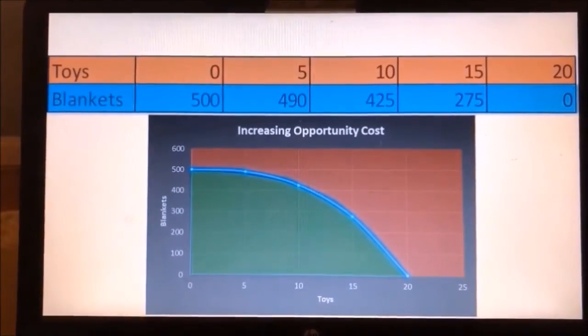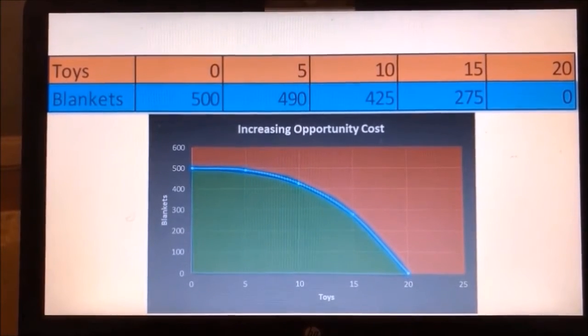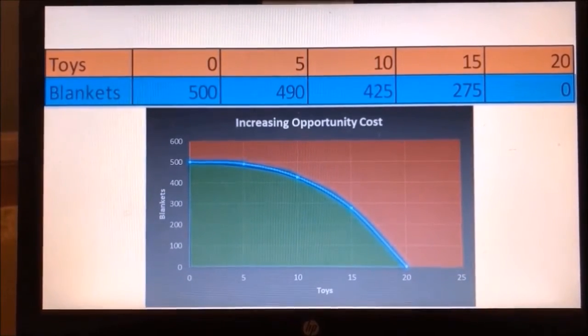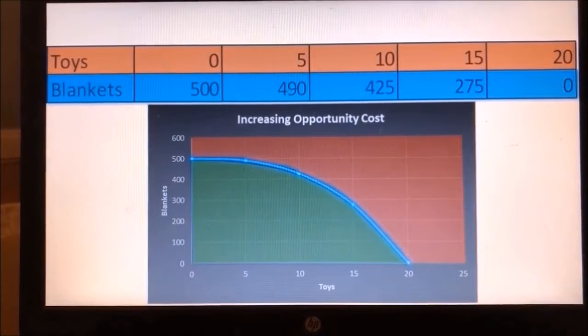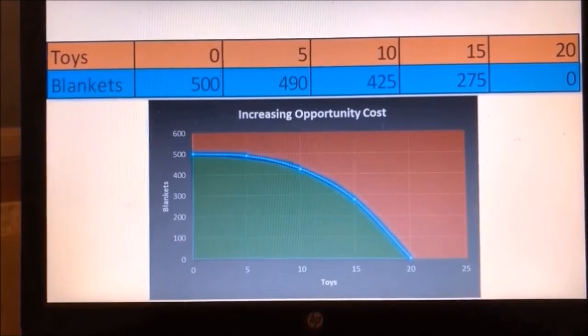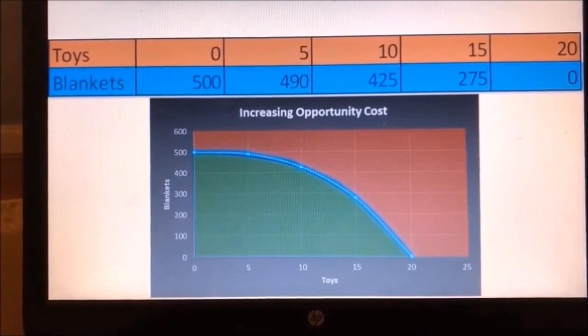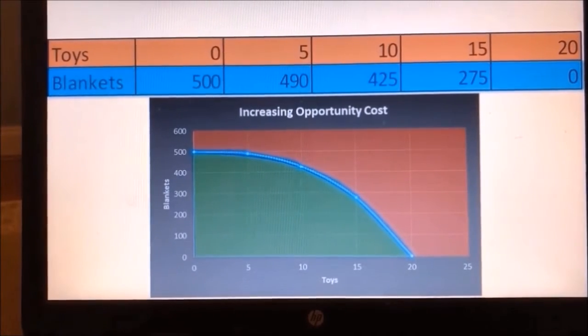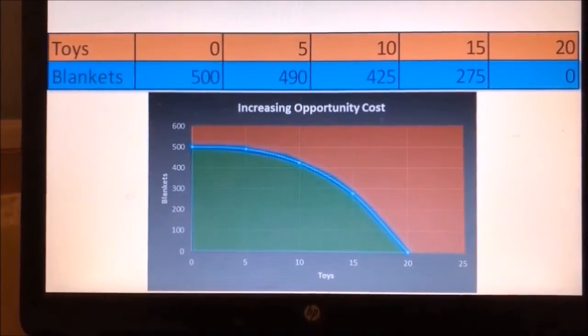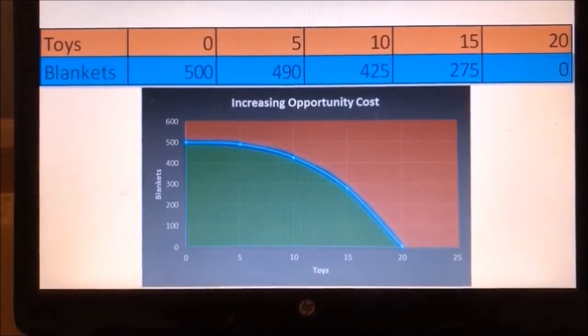So we make an additional 5 toys, and we only make less than 10 fewer blankets. But if we increased our production to 10 toys, we're making 75 fewer blankets. So it changes as time goes on.